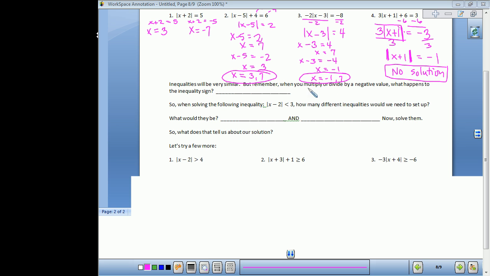All right, so inequalities, they're going to be very similar. But remember, when you multiply or divide by a negative value, what happens to the inequality sign? It switches the inequality sign. And in this case, we're going to switch the inequality, and along with that, we change the sign of the number.